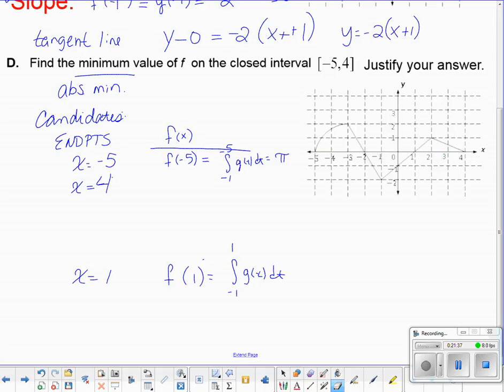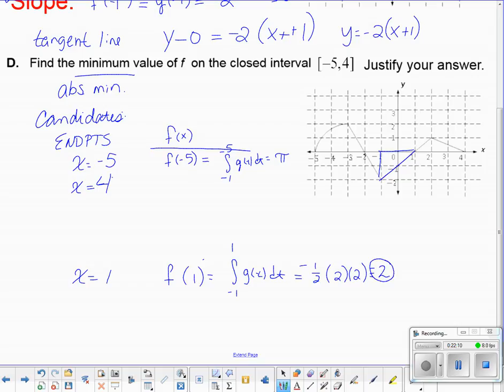From negative 1 to 1, we're looking at this triangular space, and it has 1/2, the length is 2, the height is 2, and it is below the x-axis, so it is a negative region, so that would come out as negative 2. So f of 1 is equal to negative 2.